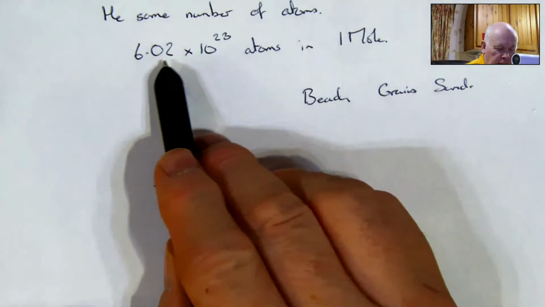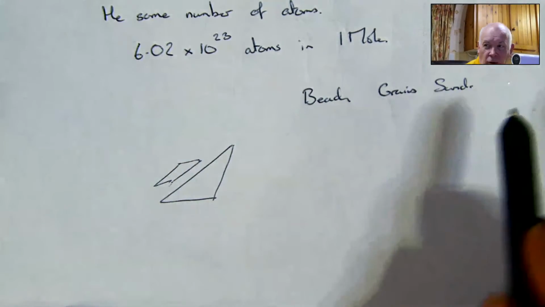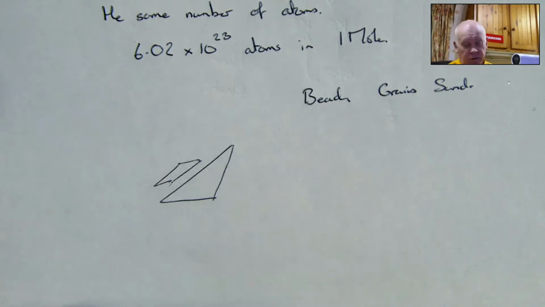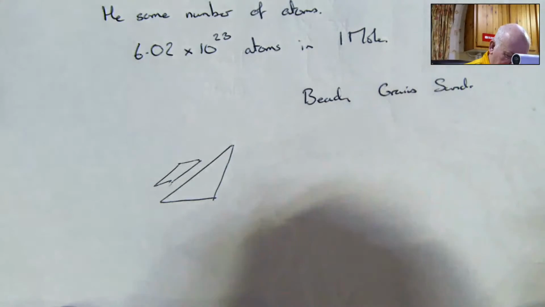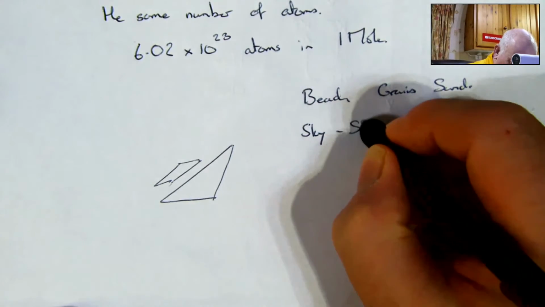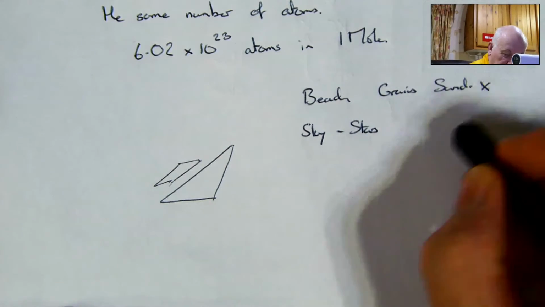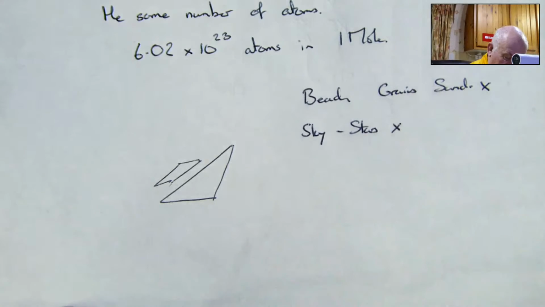Are there 10 to the 23 grains of sand on a beach? Some of you will say, well, I can think of a really big beach. And the answer is no. It's a lot bigger. Let's look into the sky and count the number of stars that we can see. And again, no, nothing like that.